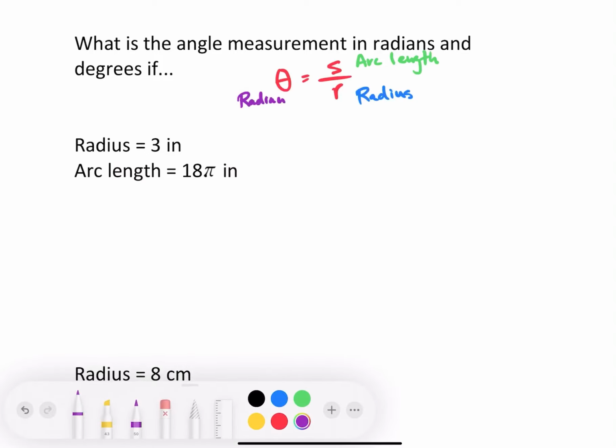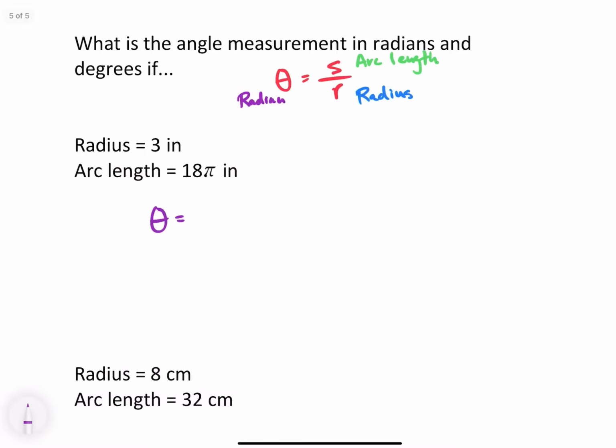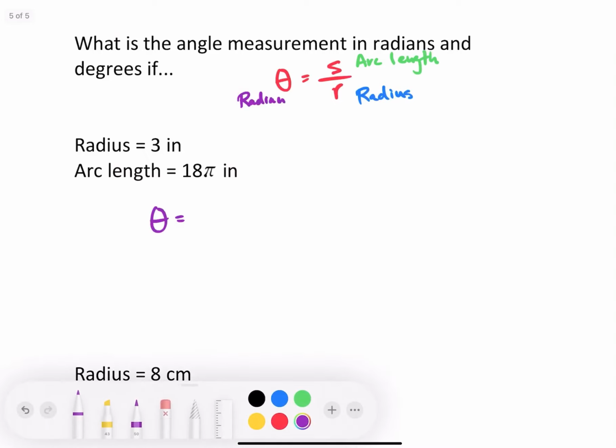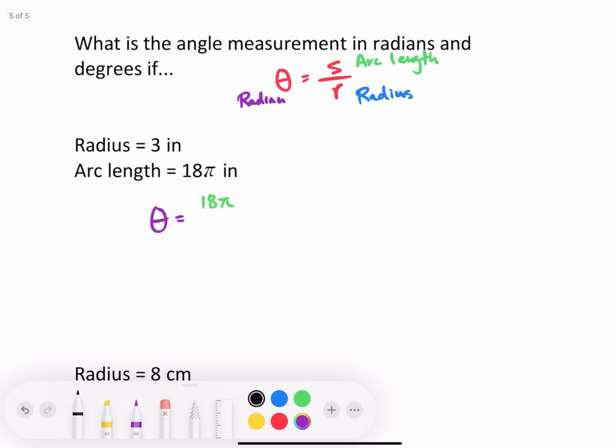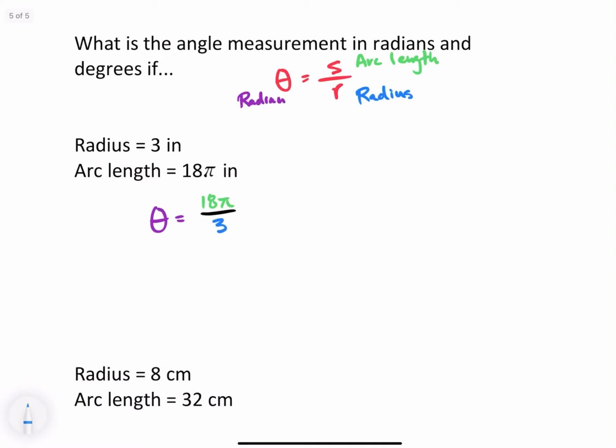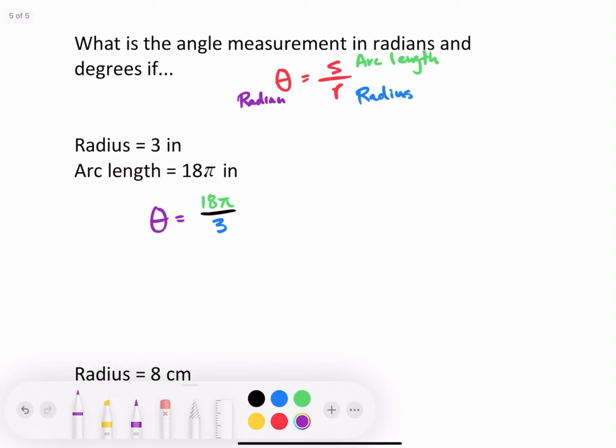So we know that the radian is our theta, that's what we're looking for, and that's going to equal the arc length, which in this case is 18 pi, and we're going to divide that by our radius, and the radius is 3. Now, all we got to do is simplify that, and we have 18 pi divided by 3, and that's just going to turn out to be 6 pi.